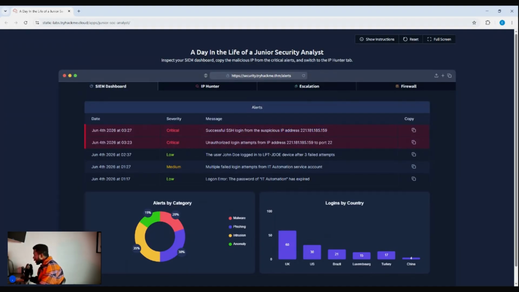The same IP address here and here is undertaking activities that are very strange on the network. First off, this is an indication that this IP address is unknown to the junior SOC analyst.